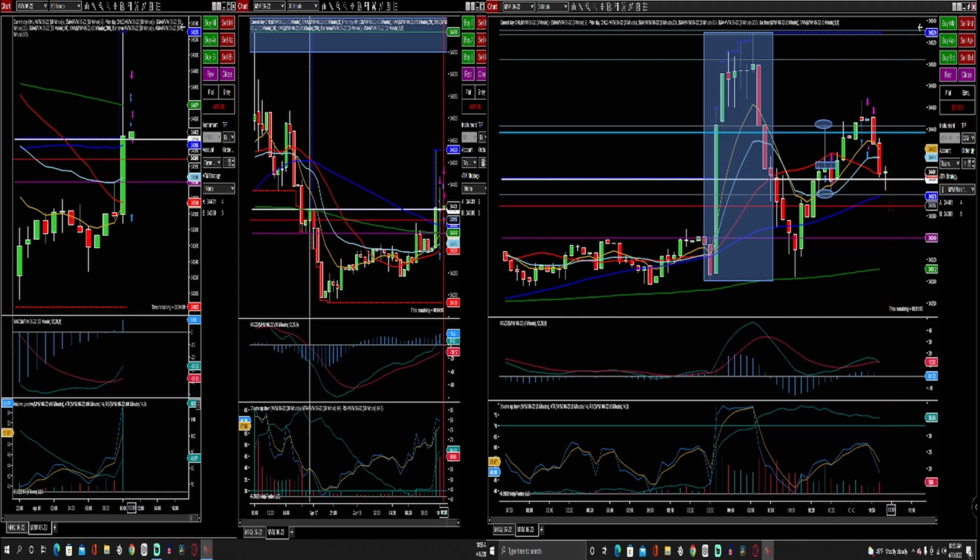Okay, actually got rejected out of that spot right there. That probably could be the pullback. I don't know if it's gonna just go all the way down here and break through the box, or if it's just a little pullback before it continues going up. But we'll see what happens. We'll continue to watch.